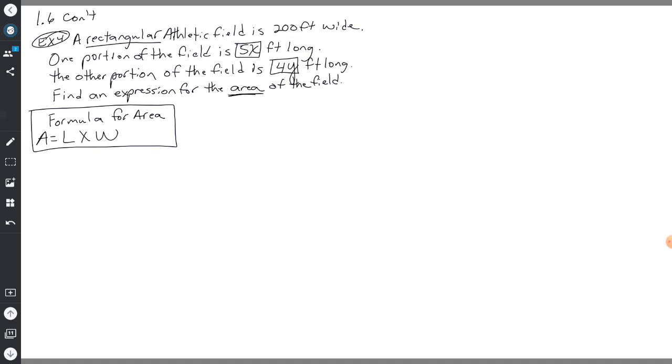One way we can do that is by looking at what it's saying in the drawing. A rectangular athletic field is 200 feet wide. So let's just say we can let this side be 200 feet.